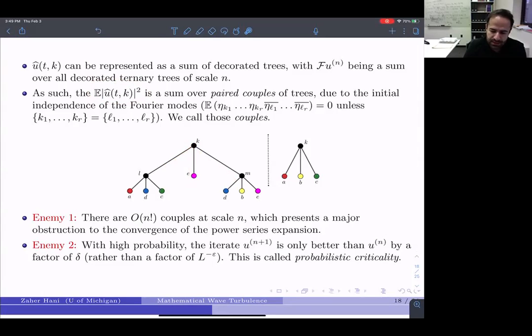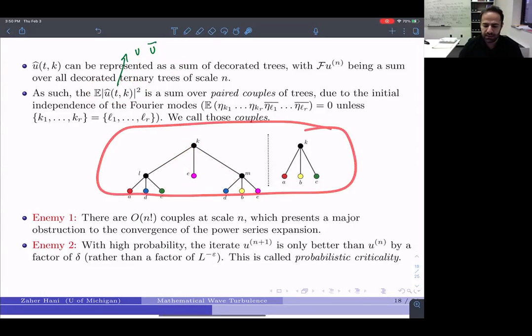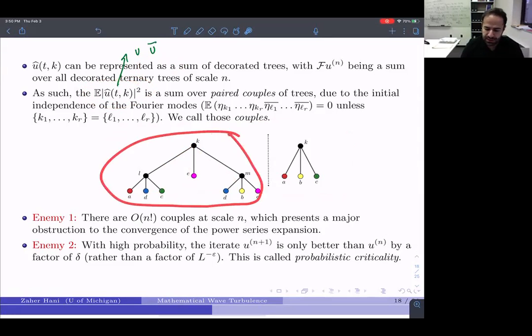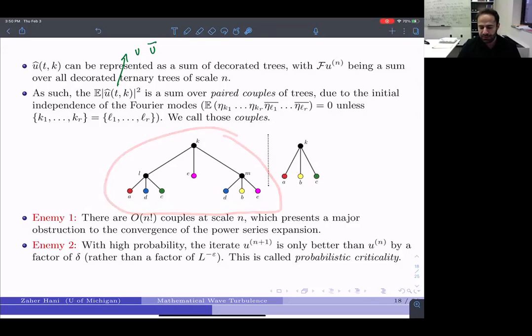Now I'm interested in looking at the variance of the solution. Remember, this is just a copy of U multiplied by a copy of U bar. And so I expand U in terms of trees, expand U bar in terms of trees, and then multiply that. So I get basically products of trees. So in the expansion of the variance, I would get paired couples of trees, so that the variance can be written as a sum over paired couples of trees like this.